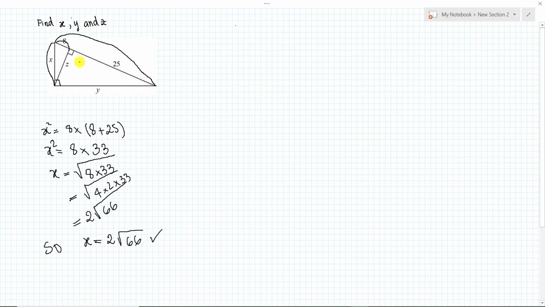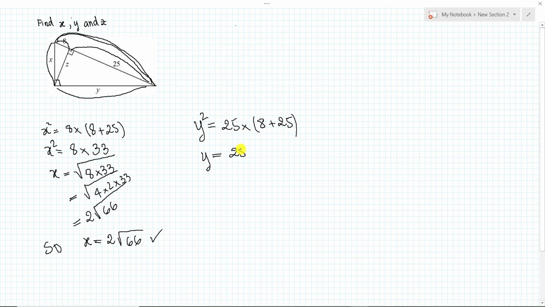And then we use this leg. It equals this leg times this leg. So we get y squared equals 25 times (8 plus 25). And we get y squared equals 25 times 33.